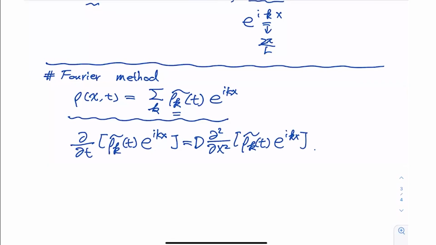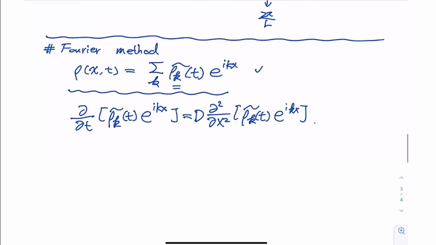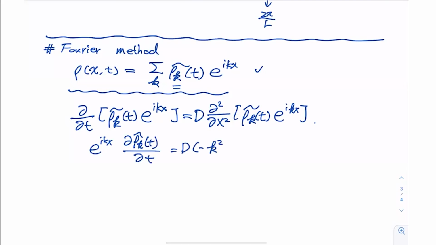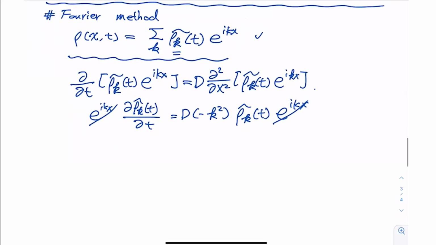Okay. You can just bravely plug this expression into the diffusion equation, then that's what you are going to get. Then you just do the derivation. And you can drop these exponential factors.